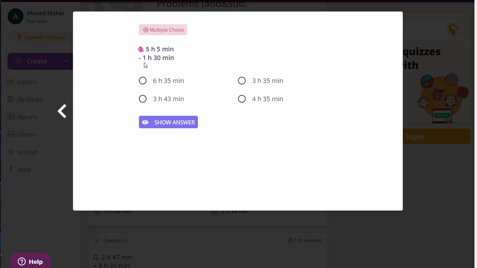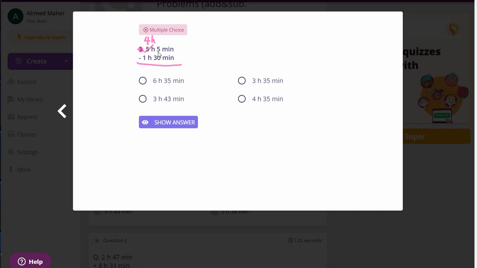Thamer, 5 minus 30 cannot be done. So we need to regroup, right? Okay, so let's regroup. How can we regroup? The 5 will be 4 hours. We will take away from the hours and give it to the minutes.